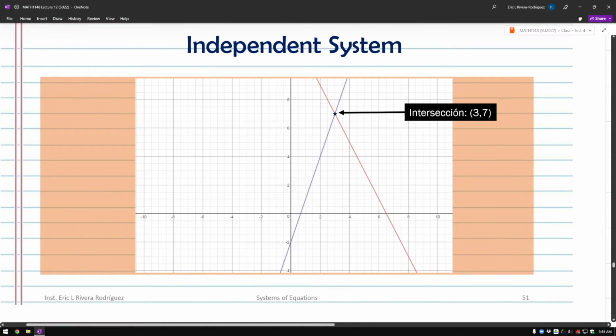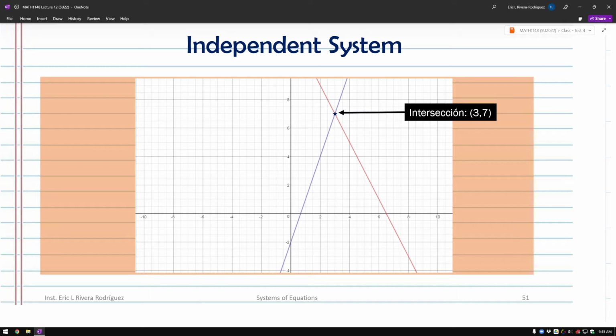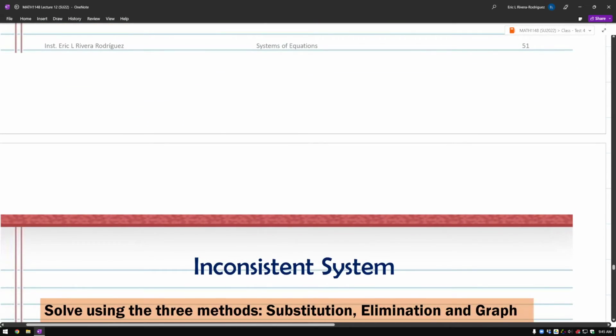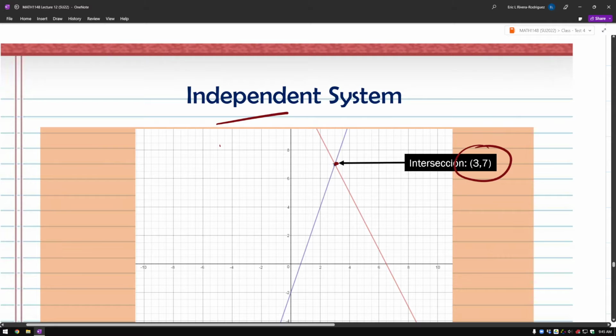And then when we look at both lines, the point where they intersect is the solution of the independent system. So x equals 3 and y equals 7. Any questions with this?